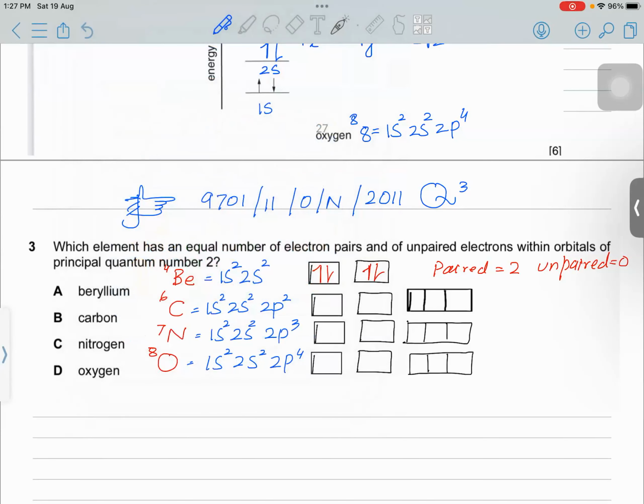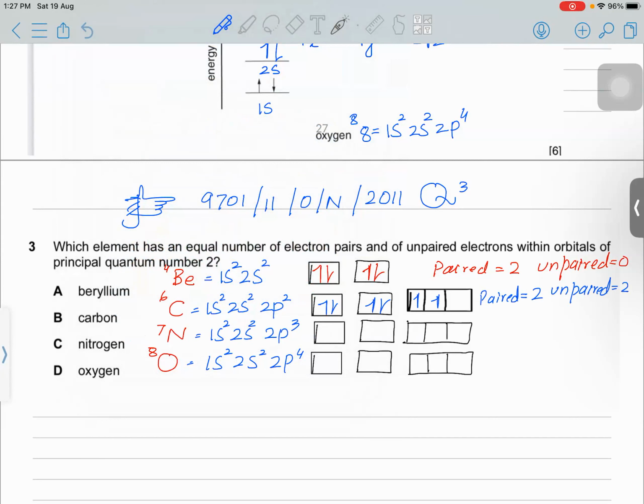Now carbon is 1s2, 2s2, 2p2. So how many paired? Two paired, two unpaired. So both are equal.